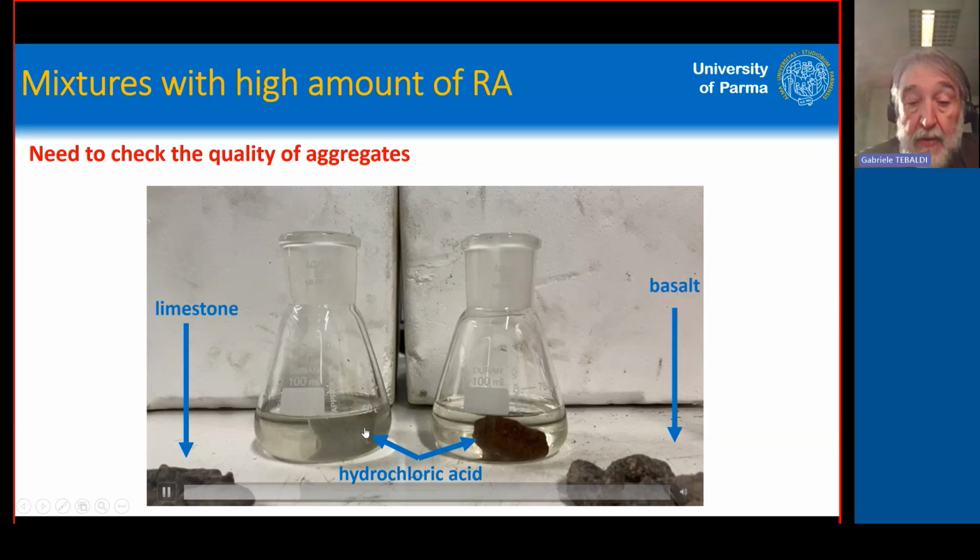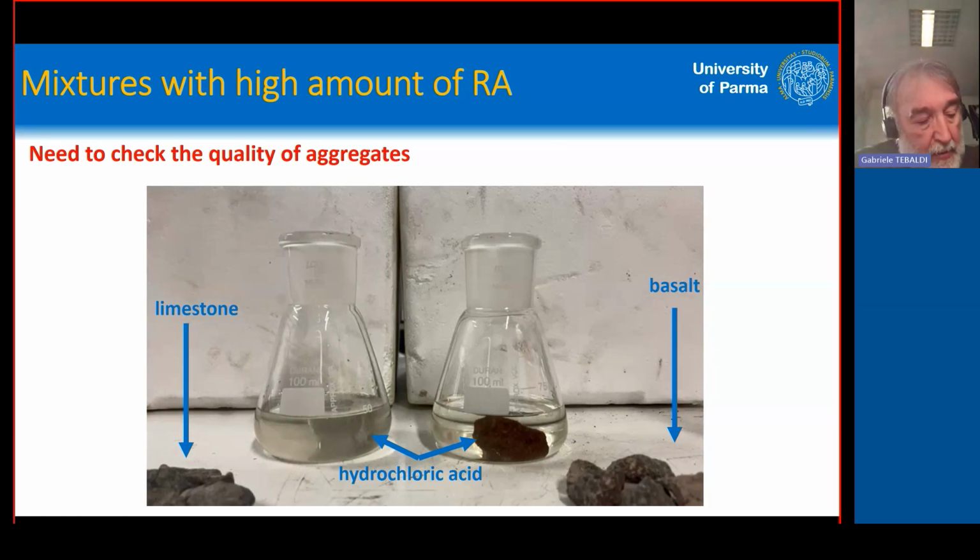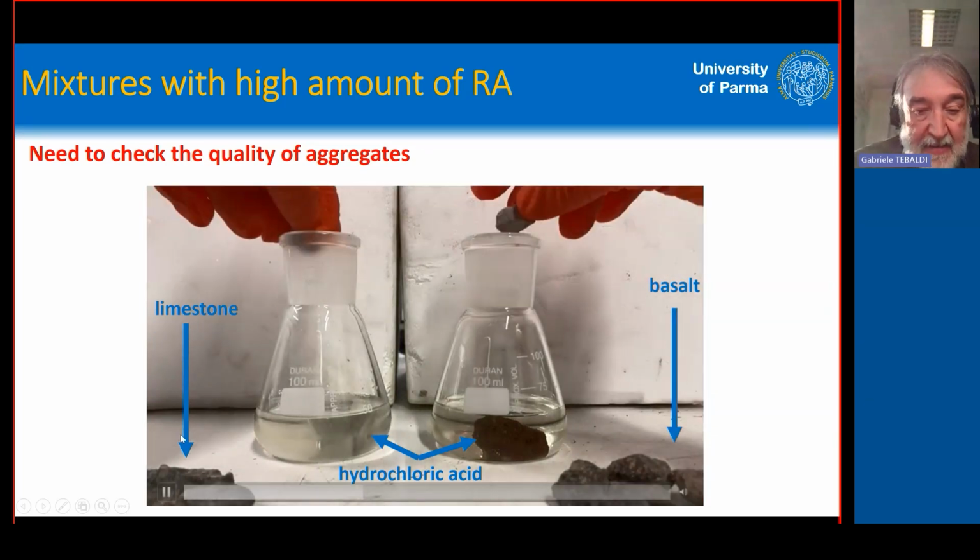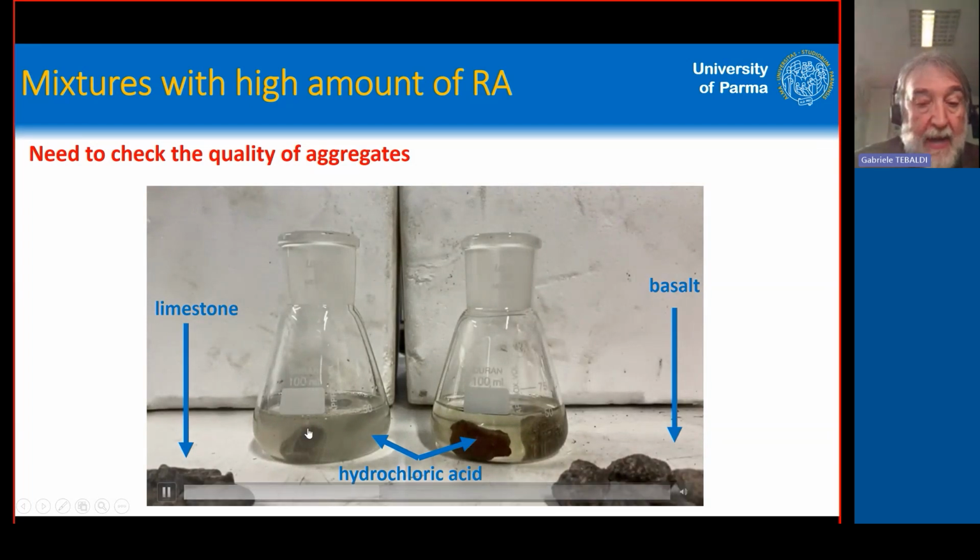If we put limestone, which is an aggregate that we can find in the binder layer and base layer, in the hydrochloric acid, you can see that there is a very quick and evident reaction. And if we put basalt, there is nothing. Same for steel slag.